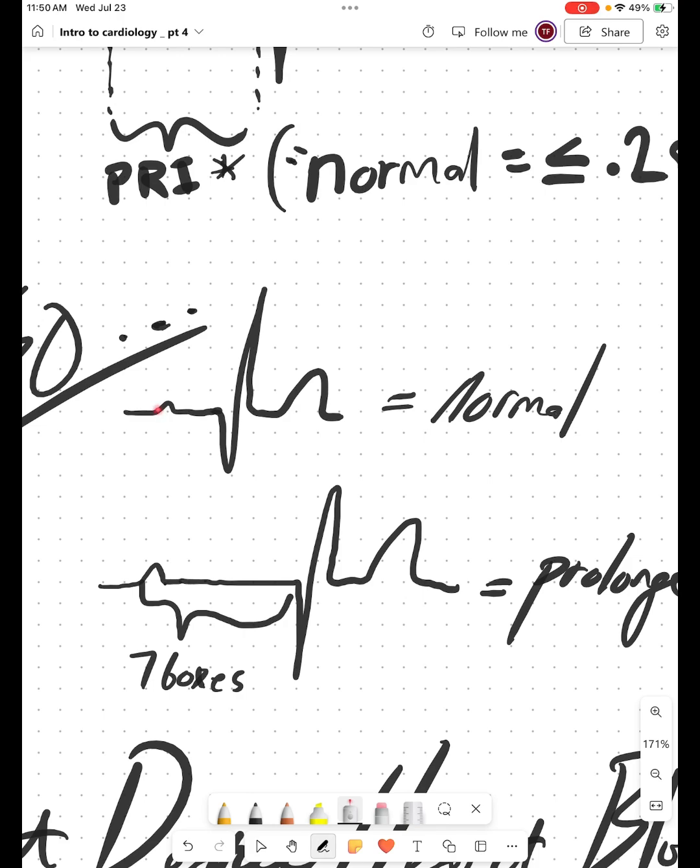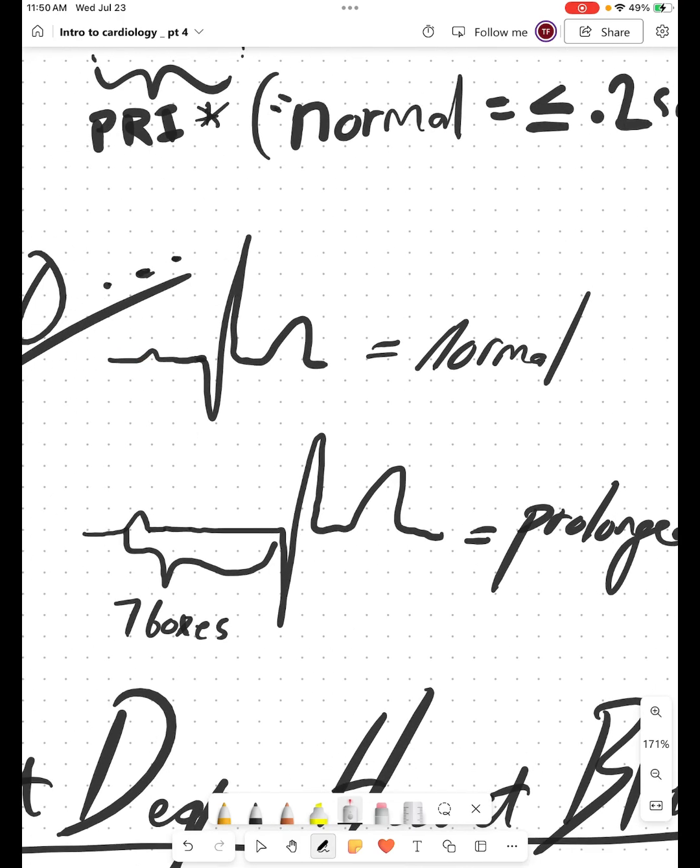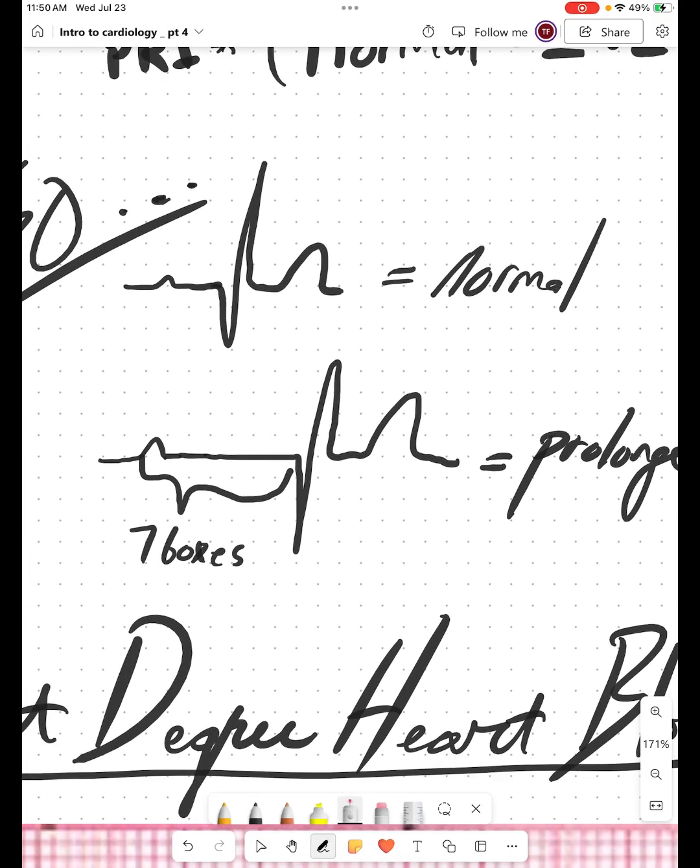So we'd call it around 3 boxes. That's normal. Here, starting here to here, we got 1, 2, 3, 4, 5, 6, 7, about 7.5 boxes. So that's what's referred to as prolonged.